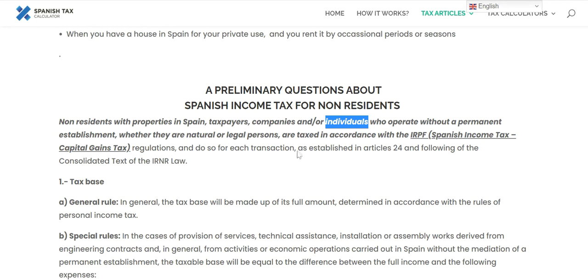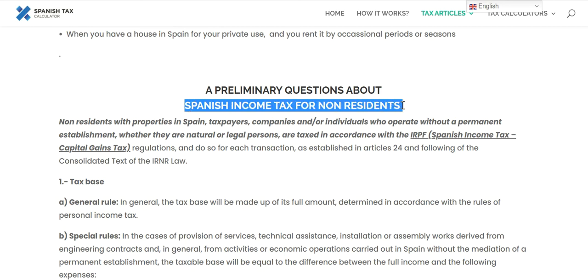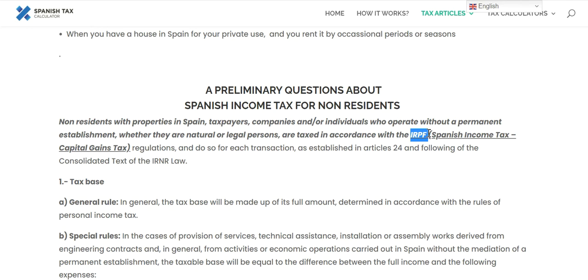So the Spanish income tax for non-residents is also known in some other countries as inland revenue. In Spain it is called IRPF, Impuesto de la Renta de las Personas Físicas. And so today we will explain to you how it works.